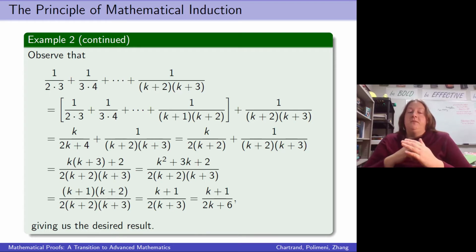Both my numerator and denominator have a term of k plus 2 in them, which cancel out, and I'm left with k plus 1 over 2 times the quantity k plus 3. Now, distributing the 2, I get the quantity k plus 1 divided by the quantity 2k plus 6. And that is the desired result. So, by mathematical induction, I have that P of n is true for all n.